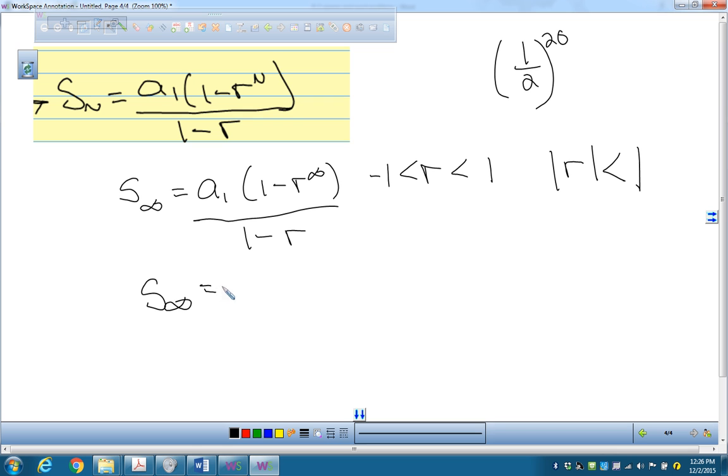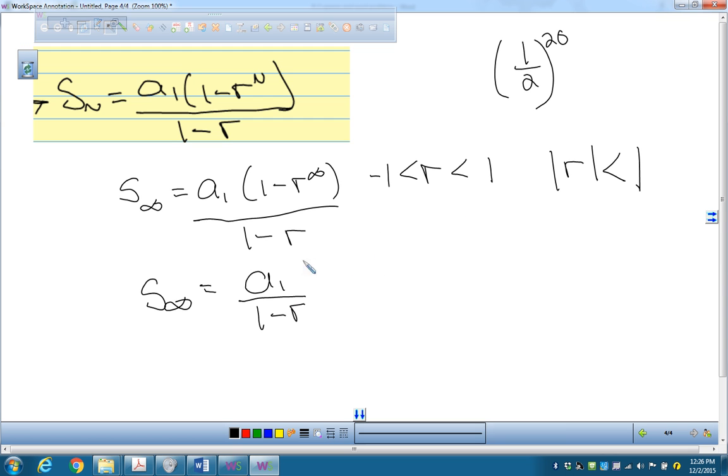S sub infinity is equal to a sub 1 over 1 minus r. In other words, all you have to do is know the first term and divide by 1 minus the common ratio. Okay?